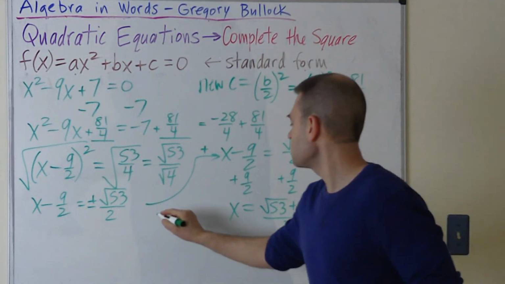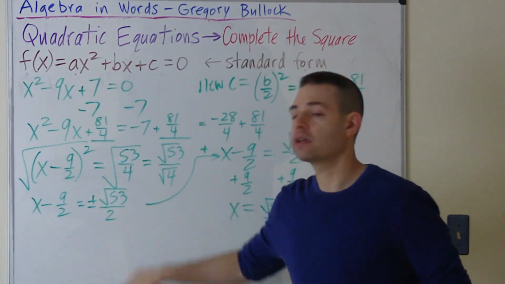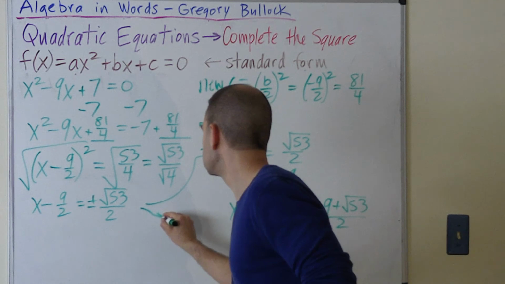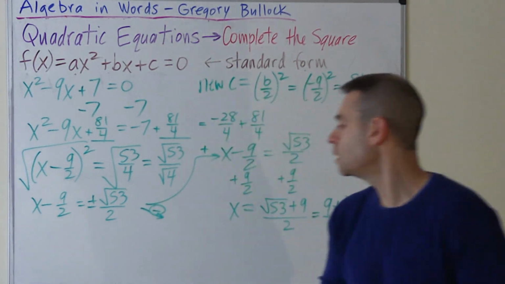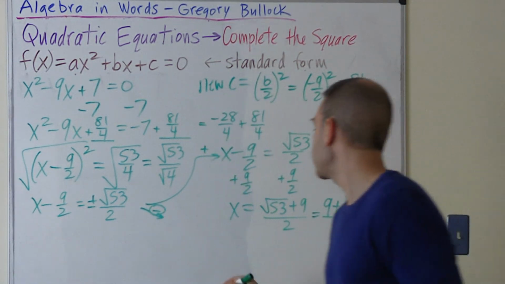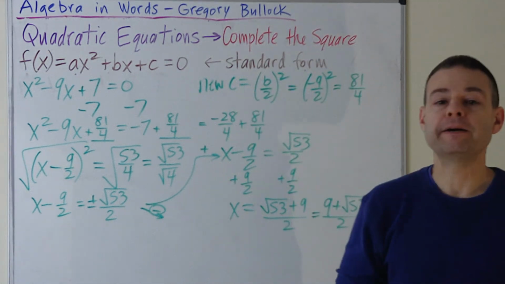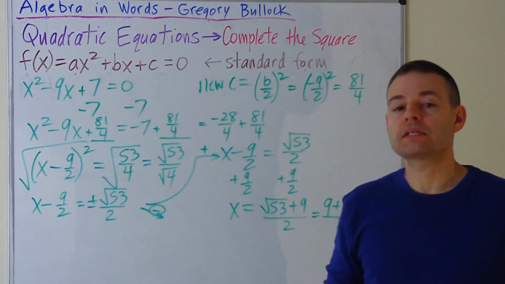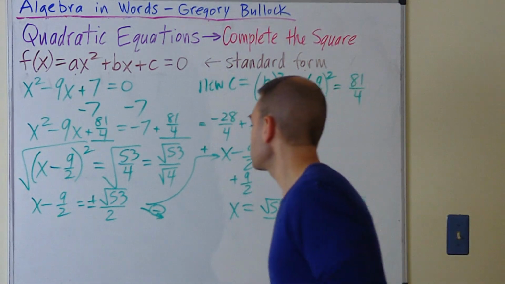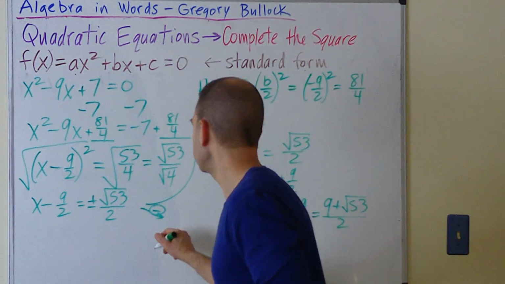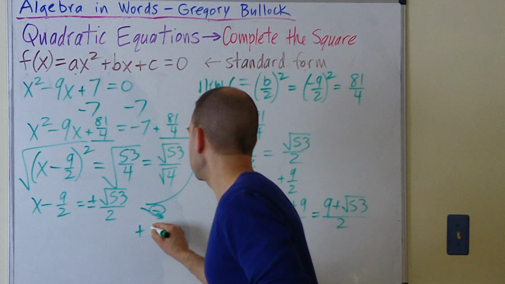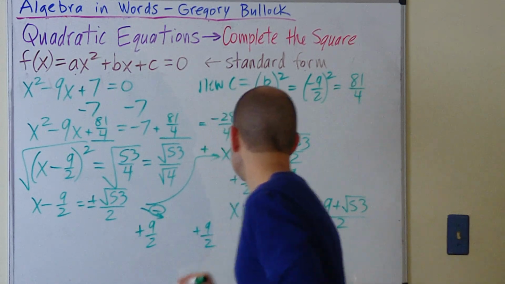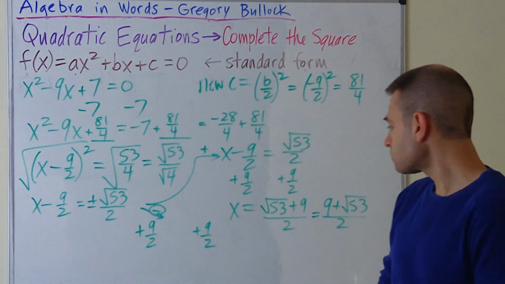And now let's also do the negative form of this, which would be x minus 9/2 equals negative square root of 53 over 2. Add 9/2 to both sides. So let's go from here and say plus 9/2 and plus 9/2, and I'm running out of room.